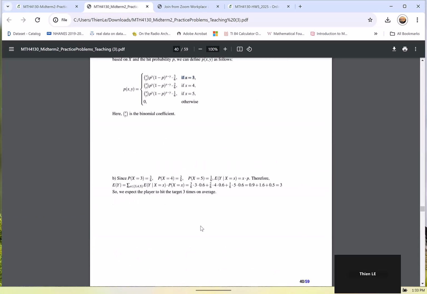And then the second question, the expected number of times he hits, before choosing any box. The probability he chooses a box with 3 darts is 3/6, because we have 3 boxes like that, 2/6 for the 4 darts, and 1/6 for the 5 darts.